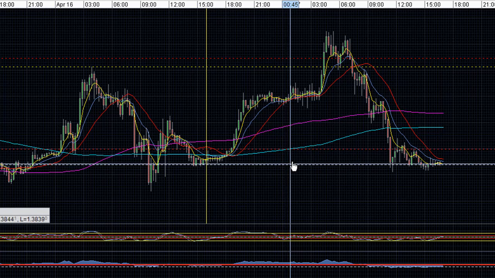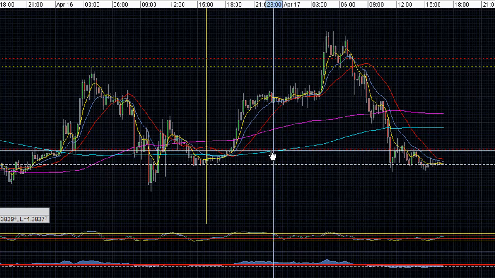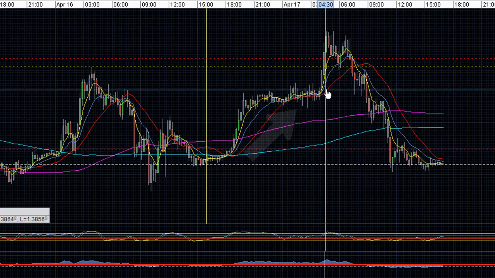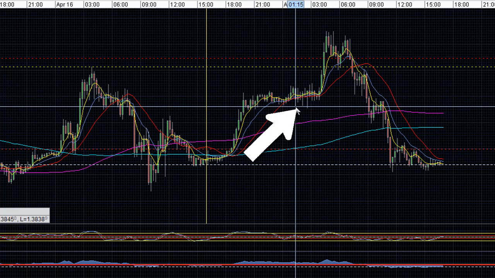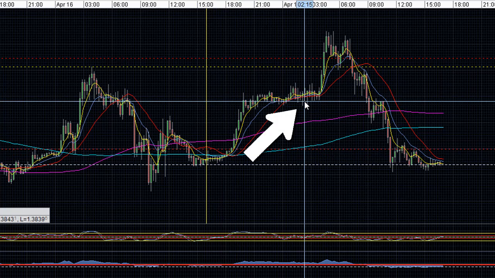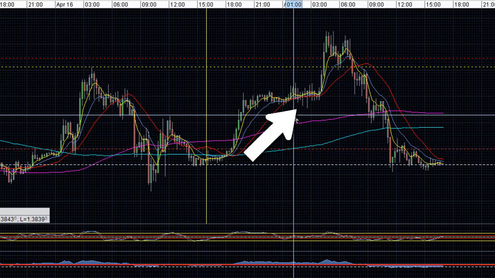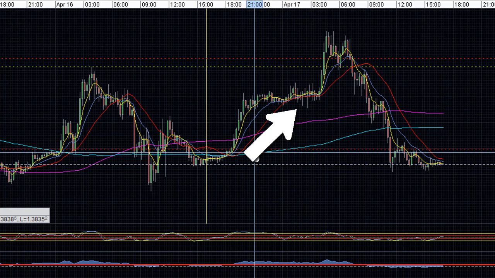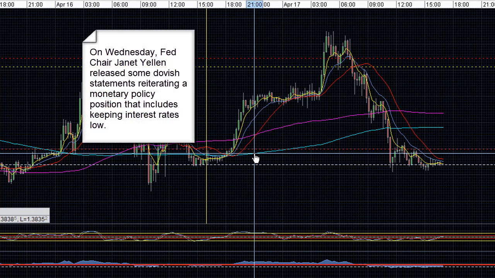If we examine the price action for today, you can see that during the Asian trading session, we had this rally, or this push higher in the Euro US dollar pair. This was really due to some dovish comments from Fed Chair Janet Yellen, who, in a speech on Wednesday, reiterated that they don't plan on raising interest rates ahead of schedule.